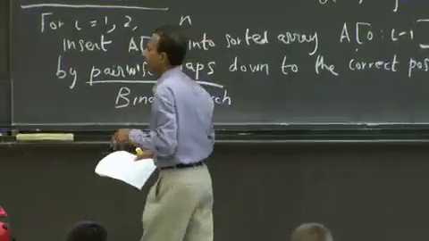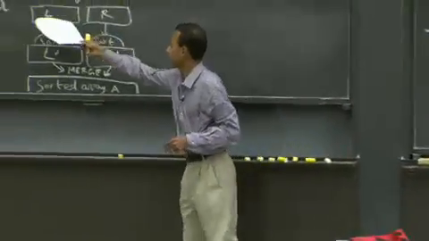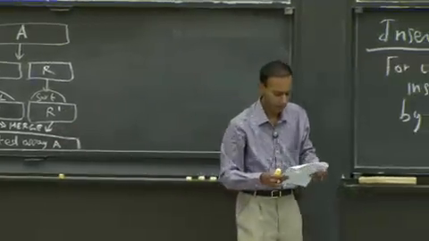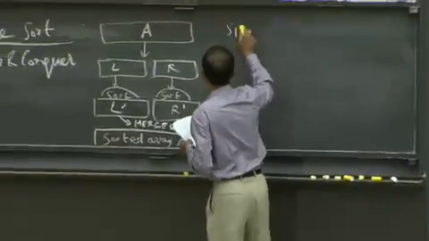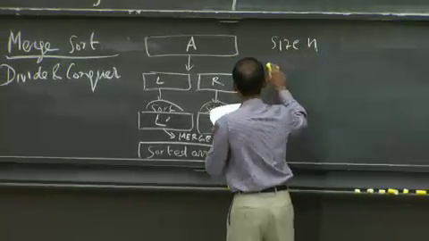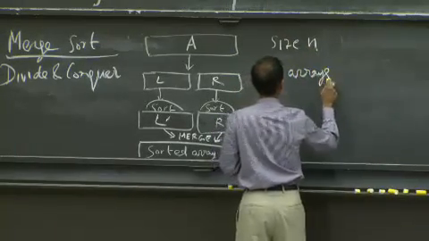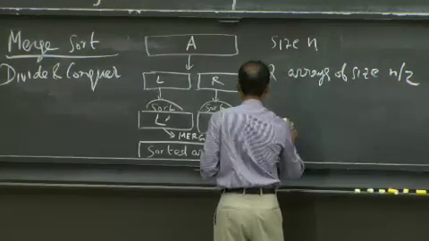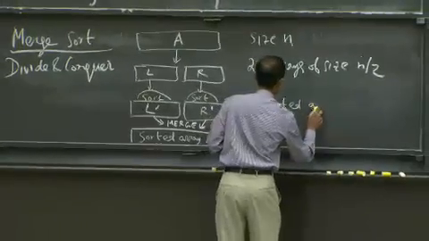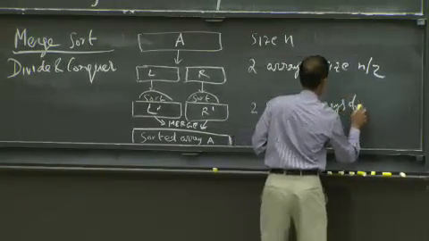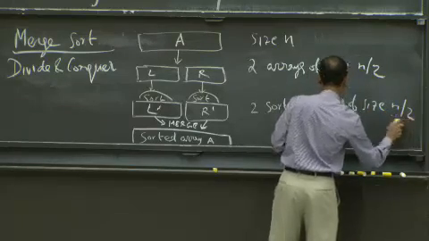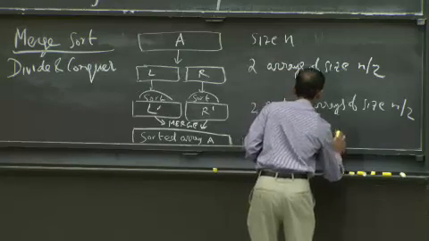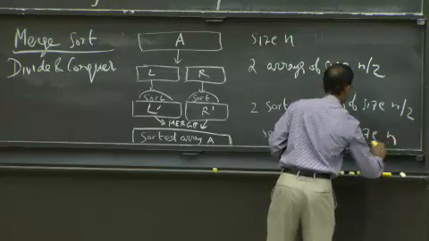So at the top level, what you see is split into two and do a merge and get the sorted array. The input is of size n. You have two arrays of size n over 2. These are two sorted arrays of size n over 2. And then finally, you have a sorted array of size n.